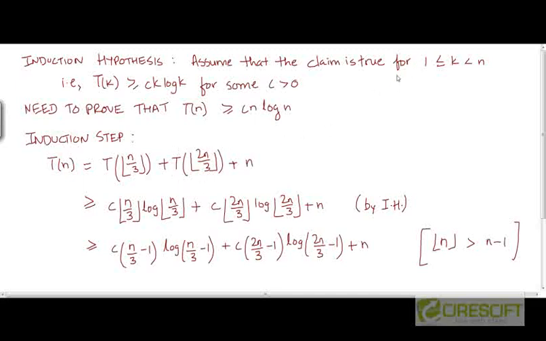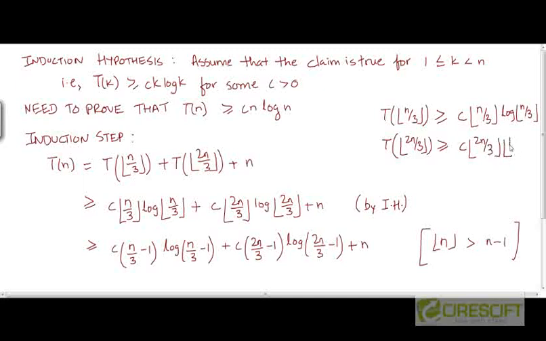That is, we can assume that T of n by 3 is greater than or equal to c times n by 3 times log of n by 3, and T of 2n by 3 is greater than or equal to c times 2n by 3 times log of 2n by 3.